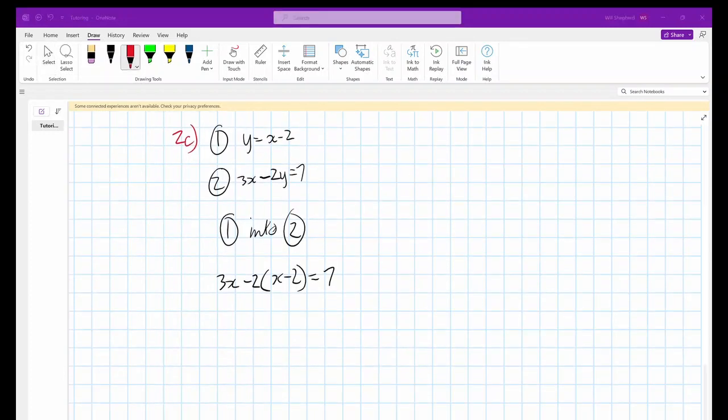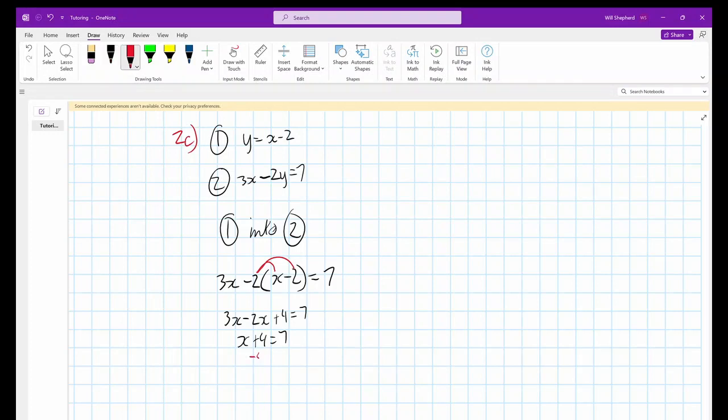Then we do a good old expand the brackets. We get 3x minus 2x, and negative 2 times negative 2 is plus 4, equals 7. 3x minus 2x is x, plus 4 equals 7.